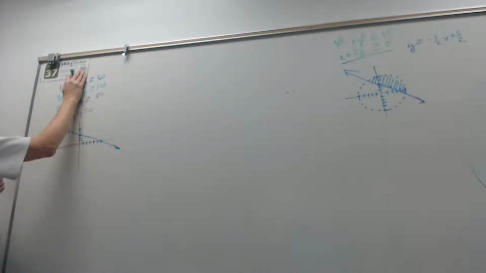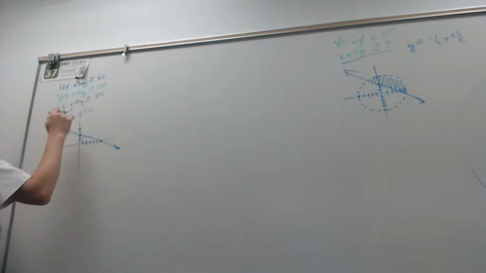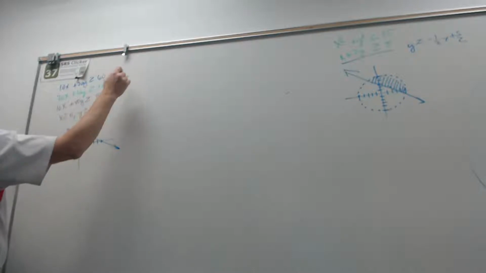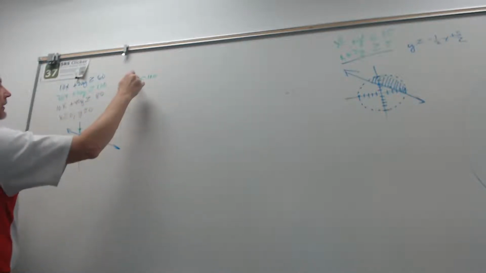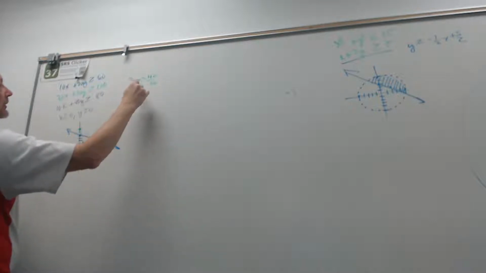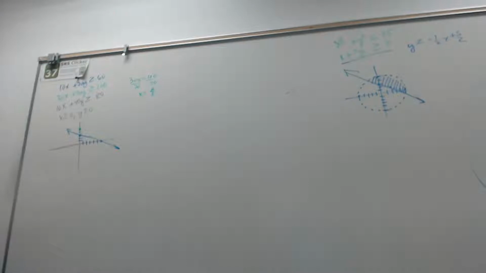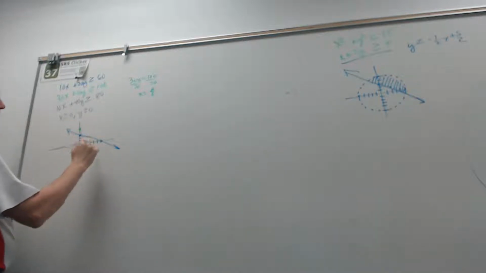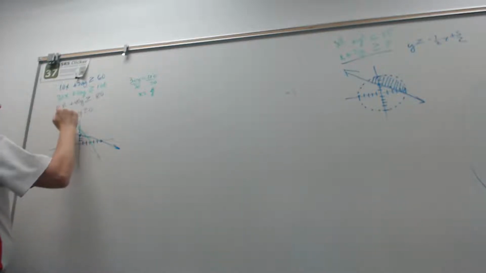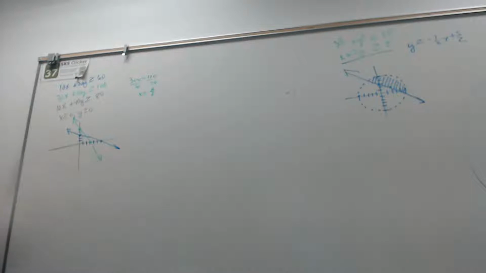That's a nice decimal, is it? No, it's 10 divided by 3, right? 30x equals 100, so x equals 10 thirds, which is 3 1/3, correct? So 3 1/3 is about right there. So this one's going to go like that. Okay?